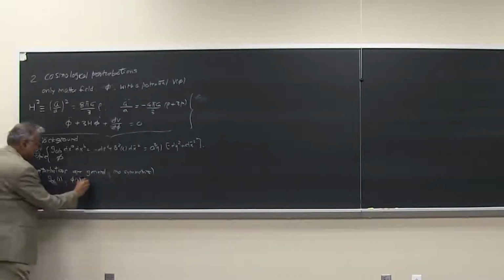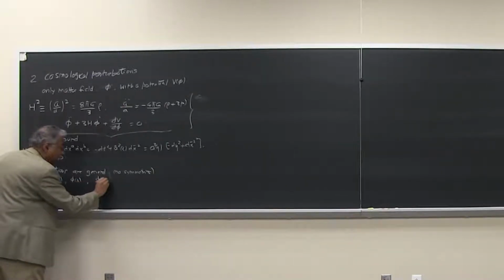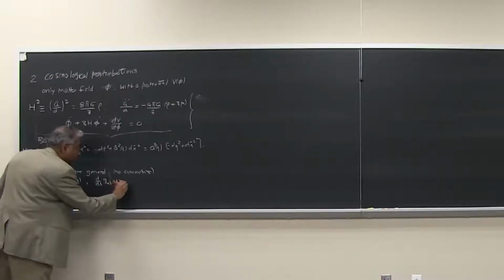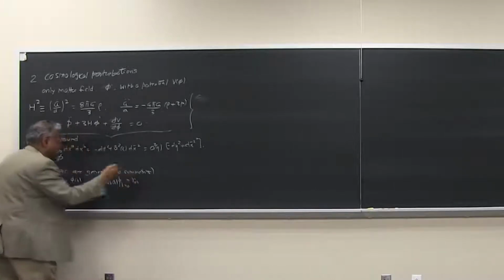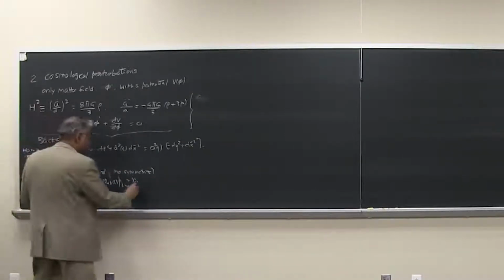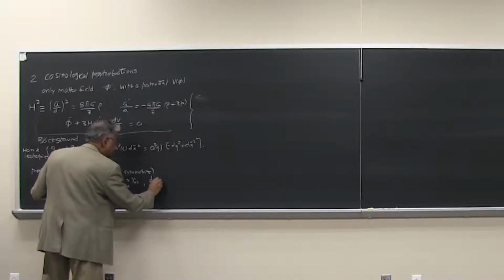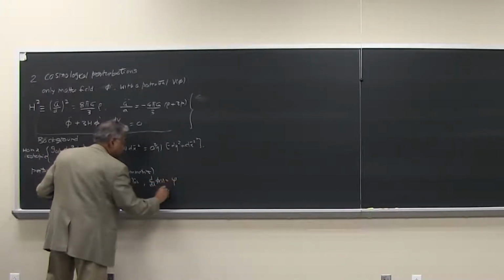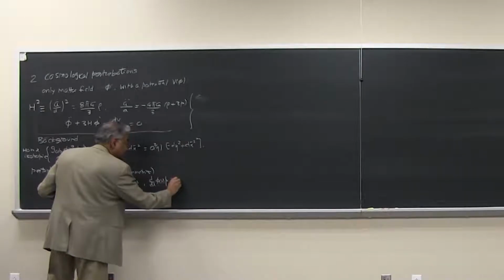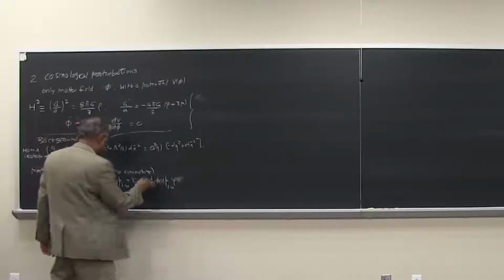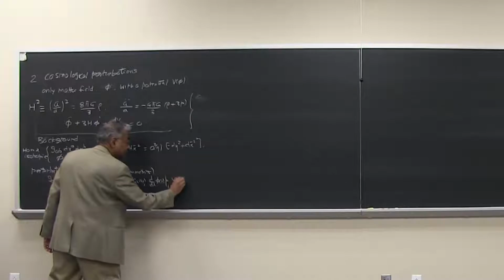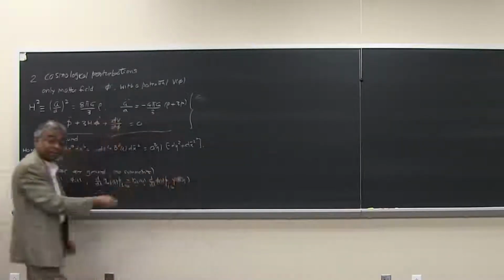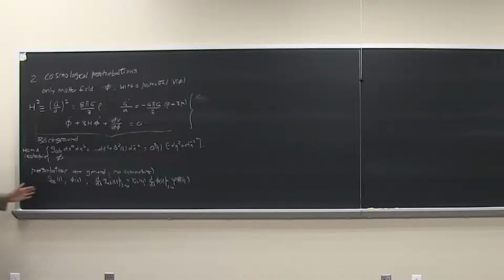Then we can just do linearization: d by d lambda of g_ab of lambda at lambda equal to 0 is equal to something that we call gamma_ab, and similarly d by d lambda of phi of lambda at lambda equal to 0 is this varphi up here. And this varphi, and similarly this gamma, depend on both x and eta.